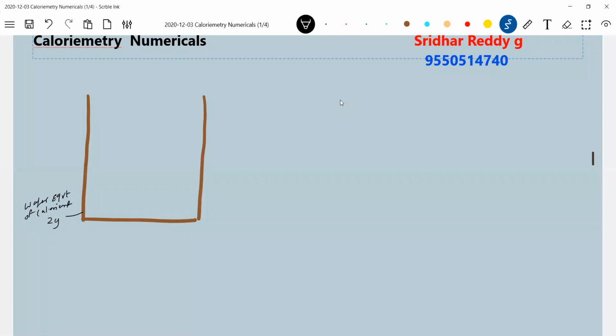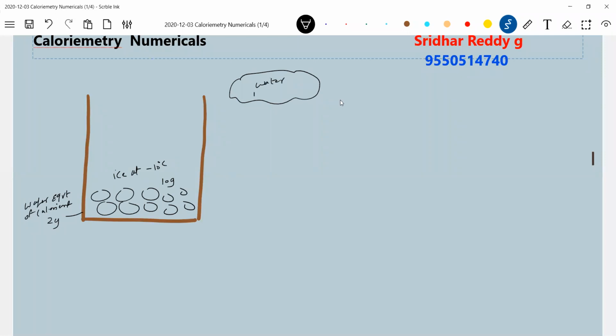Initially it contains ice at, say, minus 10 degrees Celsius. Let the amount of ice be 10 gram. For this, I'm going to add 20 gram of water at, say, 10 degrees Celsius.